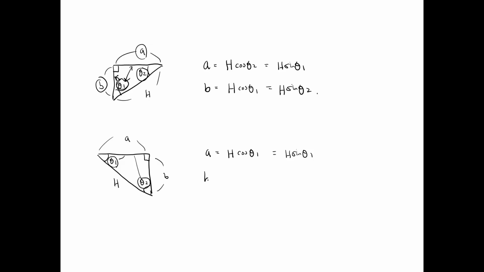If you're looking for B, hypotenuse first, and then theta 1 is now opposite, theta 2 is adjacent, so it's H times cosine theta 2, or H times sine theta 1. Okay. Good. Make sure you really clearly understand this lecture, because this is one of the most confusing parts of early physics 1. Okay.